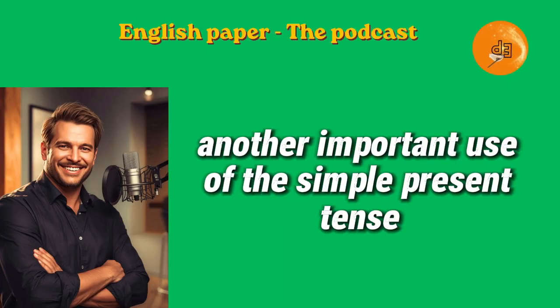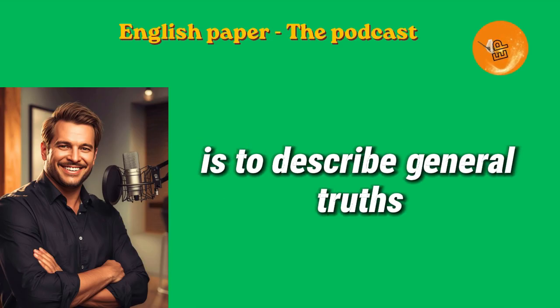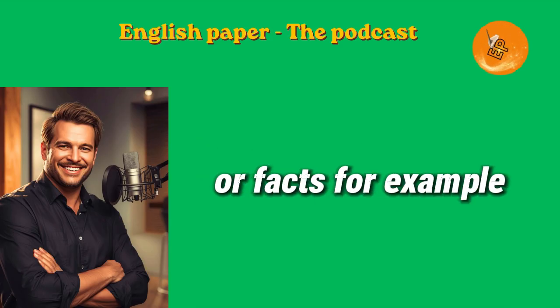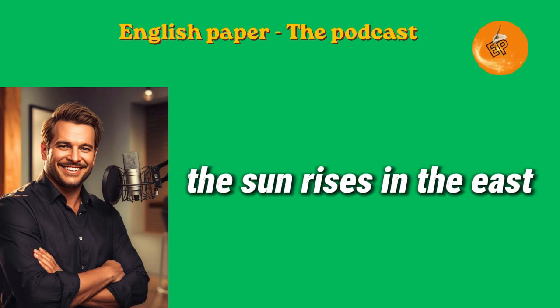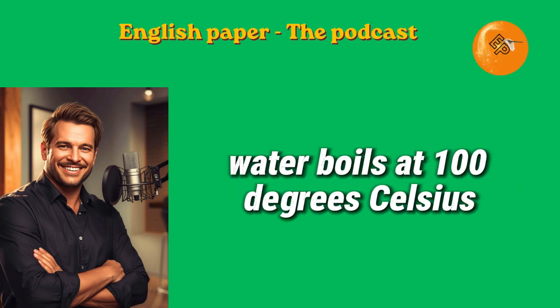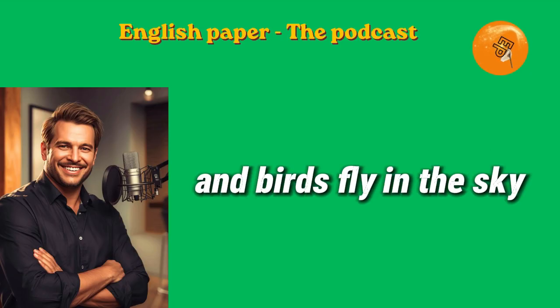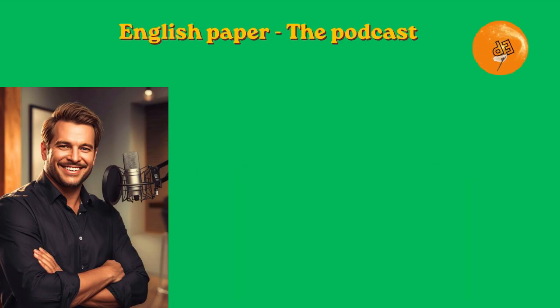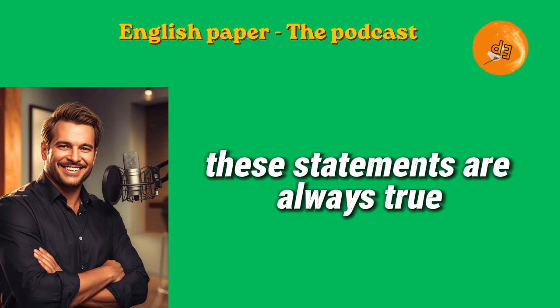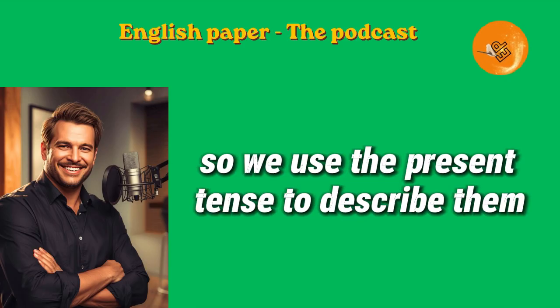Another important use of the simple present tense is to describe general truths or facts. For example, the sun rises in the east. Water boils at 100 degrees Celsius, and birds fly in the sky. These statements are always true, so we use the present tense to describe them.